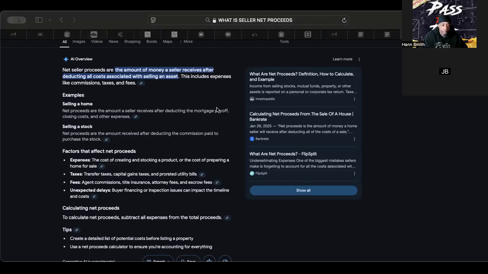All right. And so you're actually going to deal with seller's net proceeds on the front and the back end of the deal. Initially, you're going to just give approximate numbers, but then towards the end of the closing, say for instance somebody put an offer on the property and the seller accepted it and it's going through the title work and escrow process, the seller is going to have stuff come up that they didn't even know about.